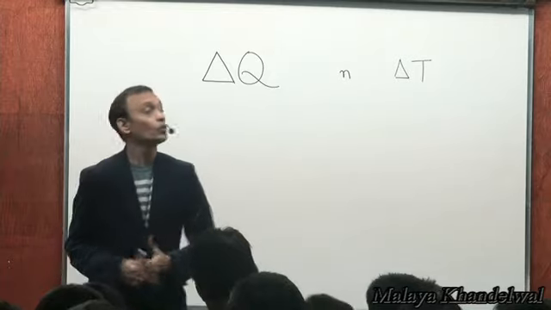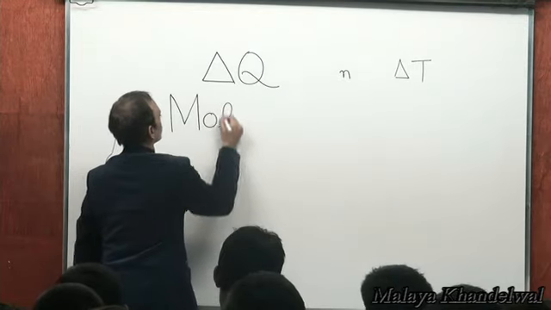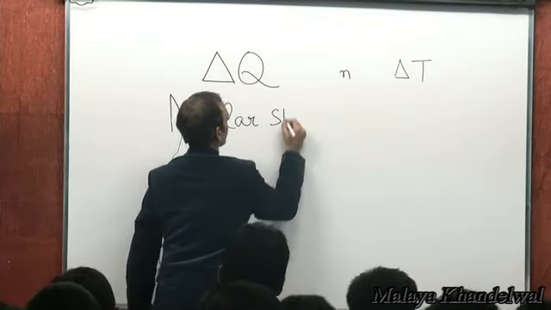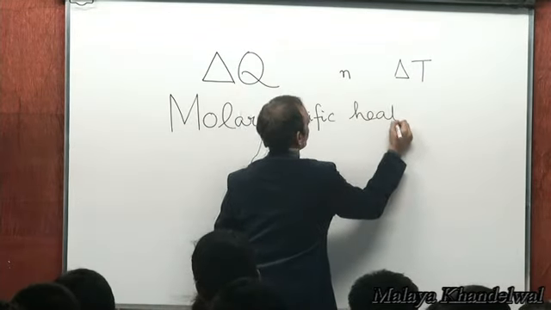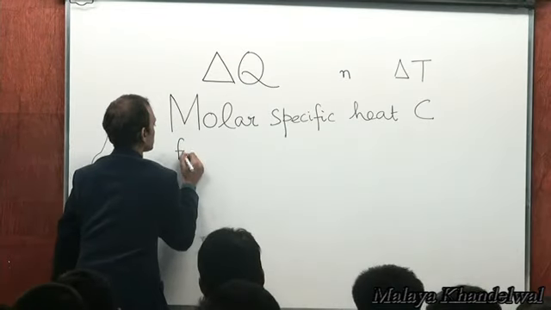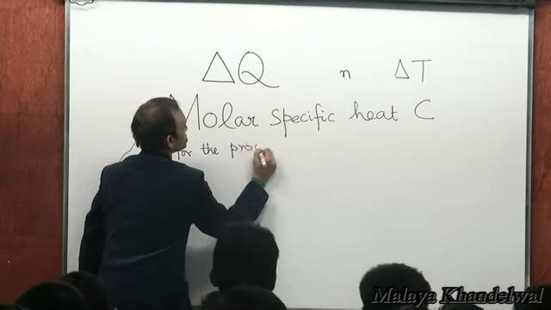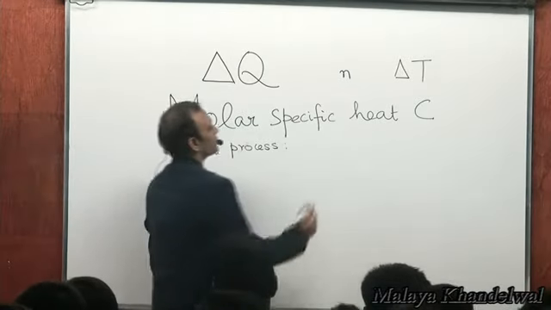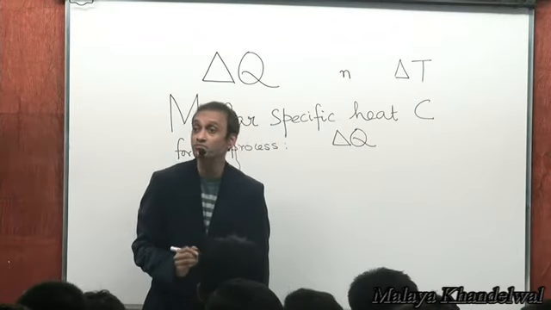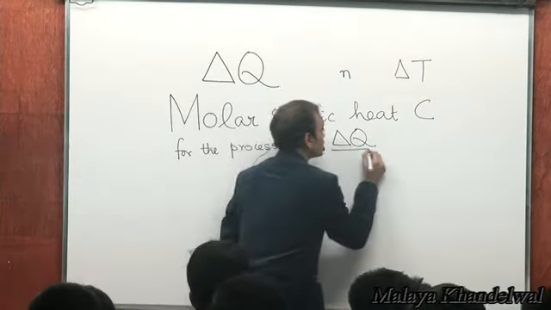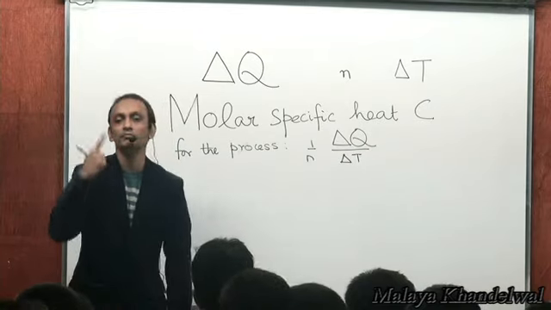We then define what's called the molar specific heat for the process, C for the process. It's defined as the amount of heat delta Q required during the process to raise the temperature of 1 mole by an amount delta T, by a unit amount.